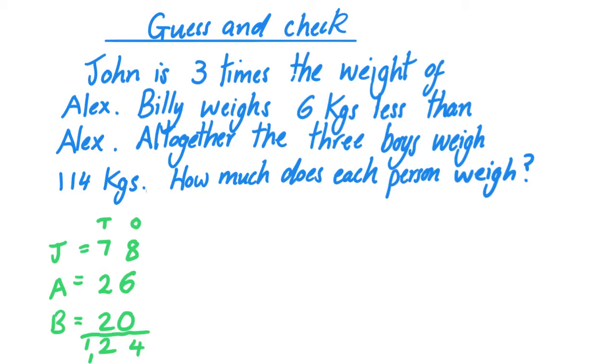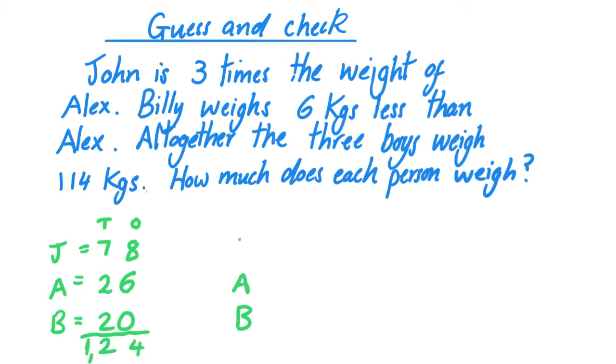So to bring it down to 114, I'm going to have to make Billy a little bit less, aren't I? Less of a number, because Alex is going to be 6 on top of that, and then John is going to be 3 times the weight of Alex. So once again, we'll start with the least amount or the smallest, which is Billy.